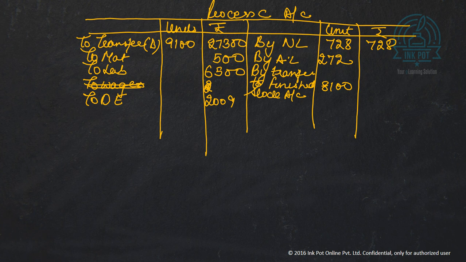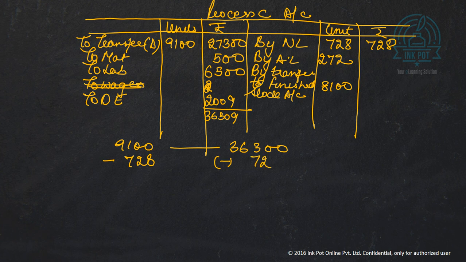Now we have to find out the value again. The cost of 9100 units, the total of this, is 36309, right? So I'm writing here 36309 minus the value of normal loss, 728.